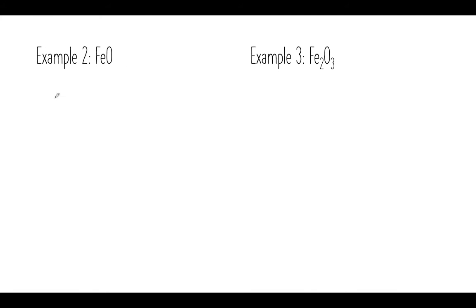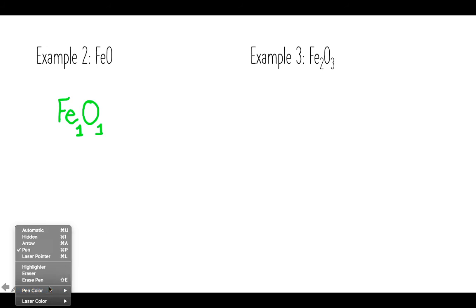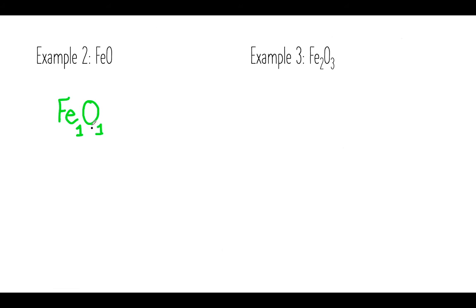Just as we saw earlier, FeO. Because I don't see any numbers here, I'm going to assume that this is 1. And let's reverse our process. Notice I'm adding the positive and the negative. The metals always have a positive charge and the non-metals always have a negative charge.